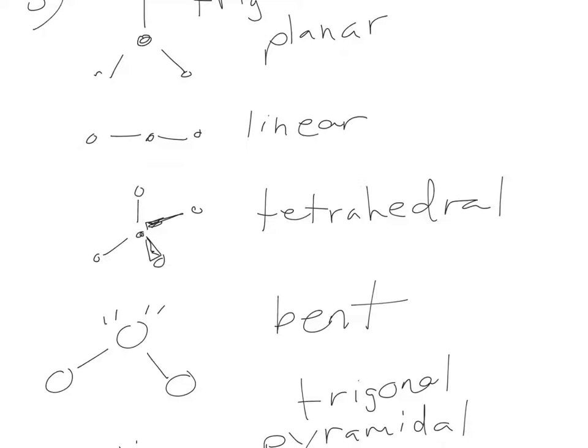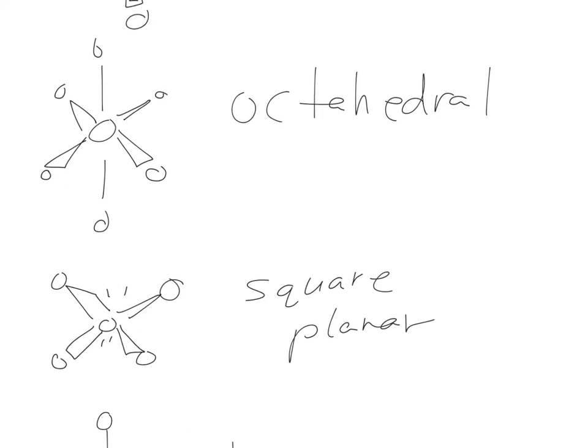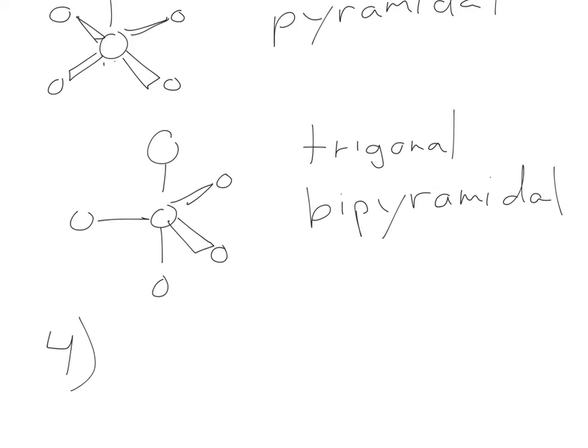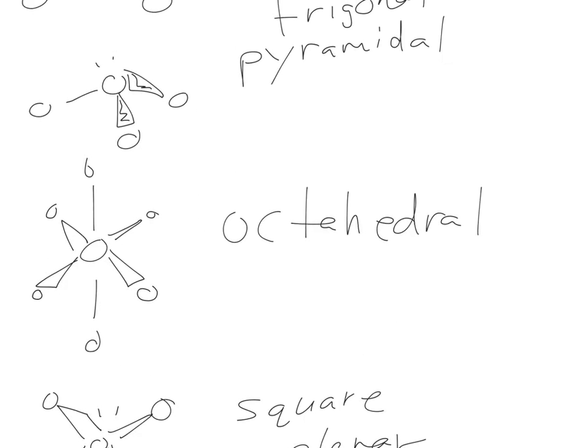Okay, I see trigonal planar in both places. Do I see a trigonal pyramidal? No, I don't. But I definitely see tetrahedral both times. And I see a trigonal bipyramidal right there. I see that in both places. I see octahedral in both places.